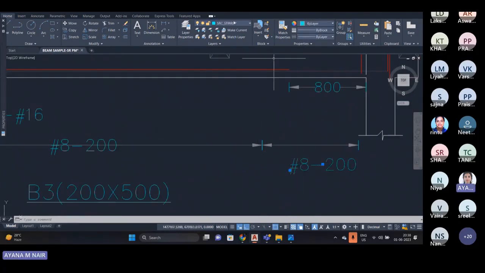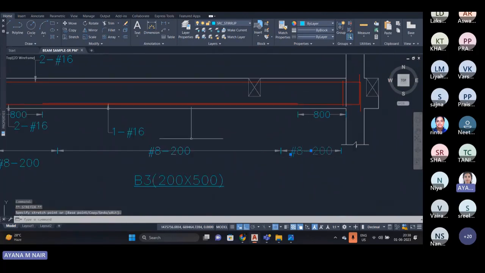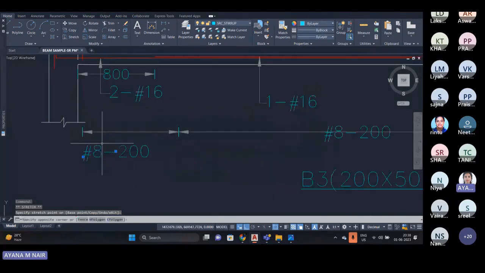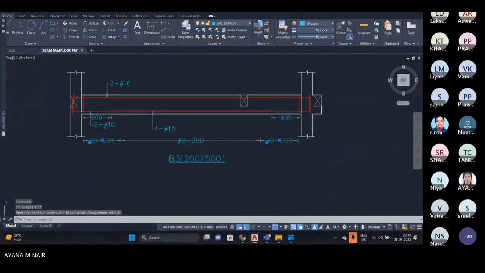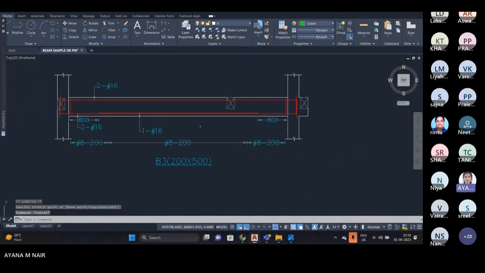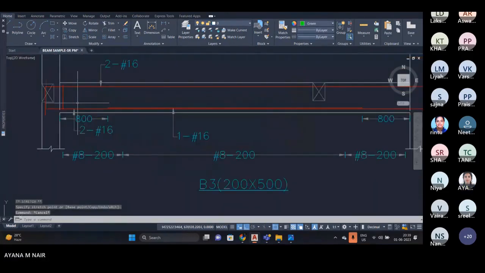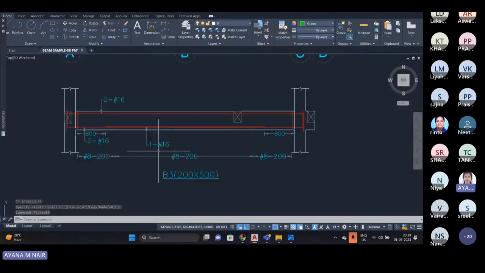This layer, that is SRC stirrup, should be moved to the center of this dimension mark. So these are the basic corrections.